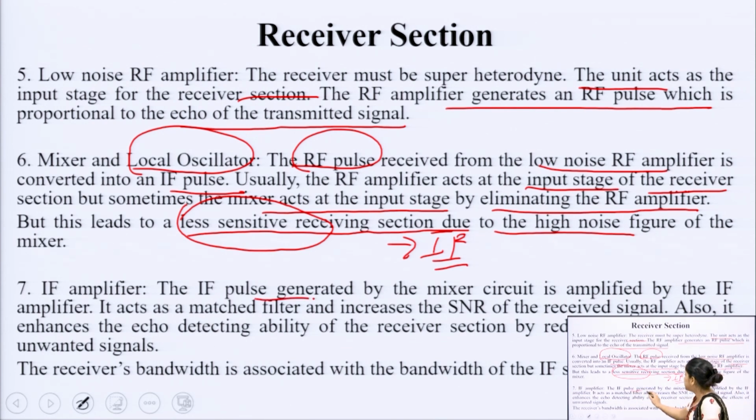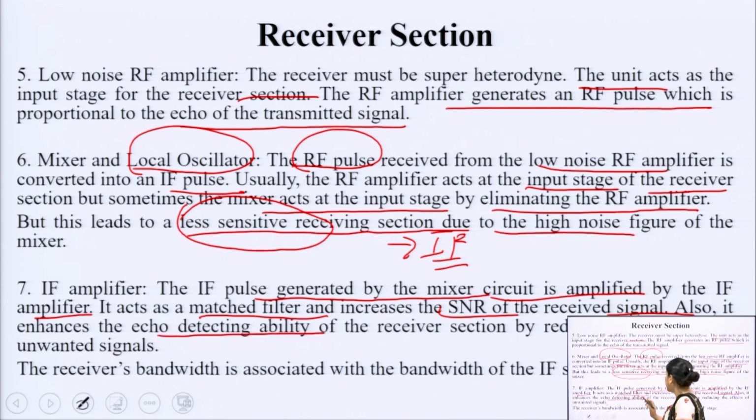The IF pulse generated by the mixer circuit is amplified by the IF amplifier. It acts as a matched filter, and what will it do? If it acts as a matched filter, it increases the SNR of the received signal, and also it enhances the echo detecting capability of the receiver.